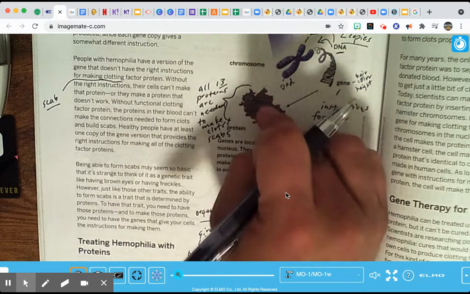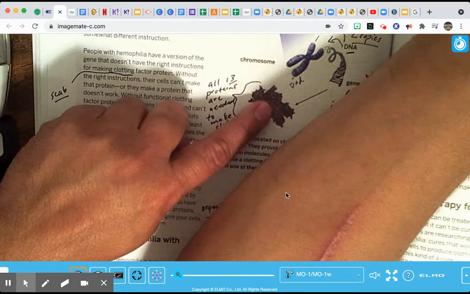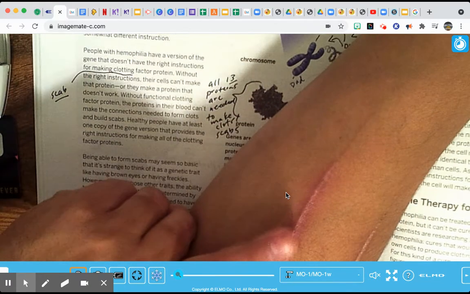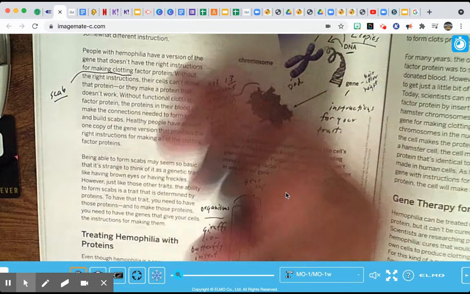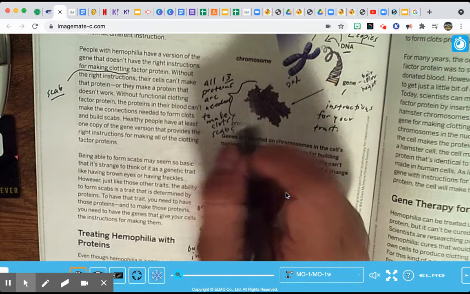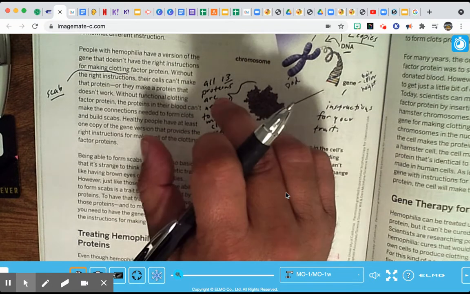So I have 13 of these in here. In here I have 13 of these protein molecules working along with platelets. We'll talk about those later. That help create a scab and prevent you from bleeding.